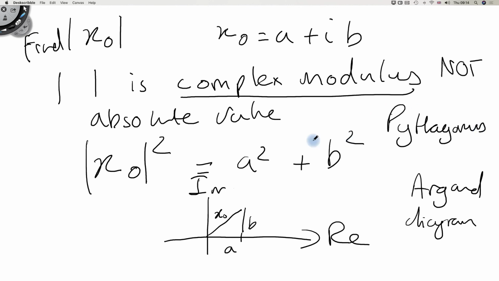Please remember, when you do a complex modulus, you take the sum of the squares of a and b, and you don't just square i. The reason is that it's a Pythagoras thing. I'll give you another example in the notes.